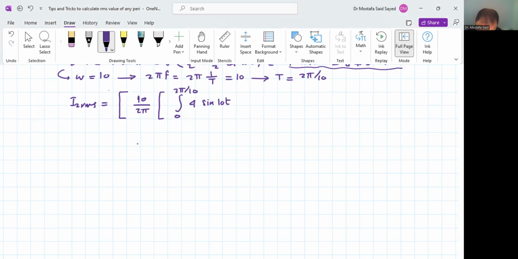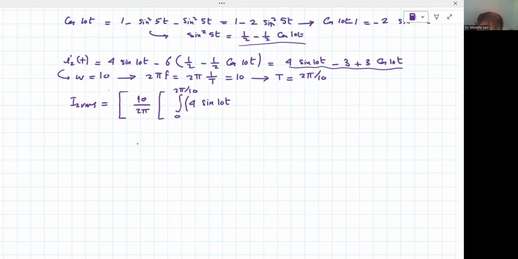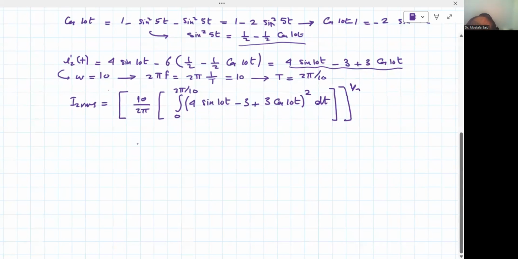So we have here another bracket, minus 3 plus 3 cosine 10t, squared, dt. And close this bracket for the integral, then make another closure for the big bracket and put half as the exponent.